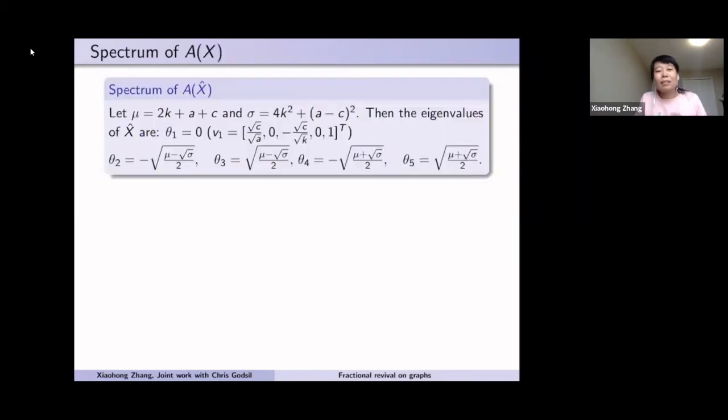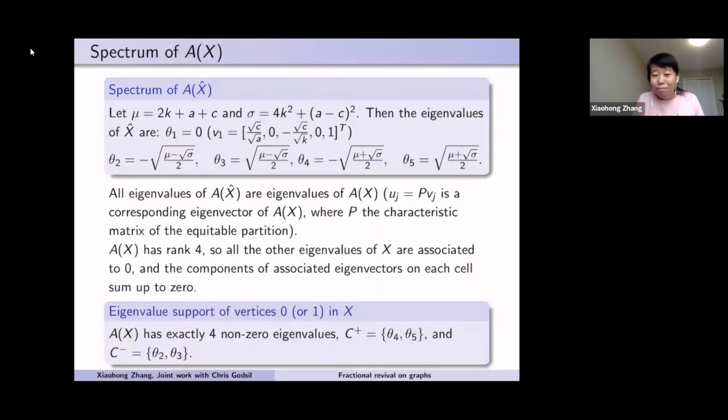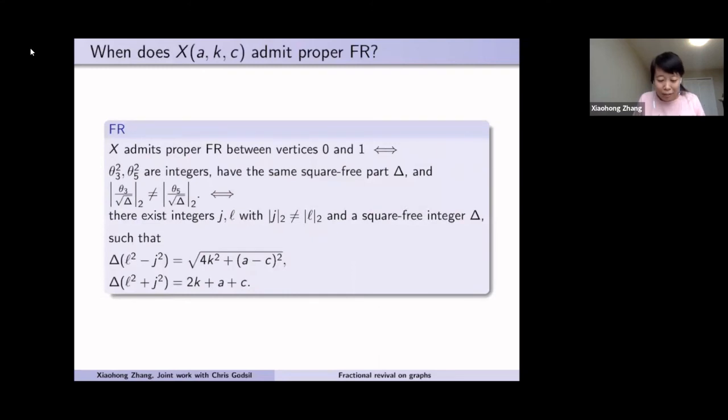So all the other work is to try to check the eigenvalues of the symmetrized quotient graph, or by making use of them get back to the eigenvalues of the big graph. The big graph only has 4 non-zero eigenvalues, and only they matter. So with some calculations, I think I will skip.